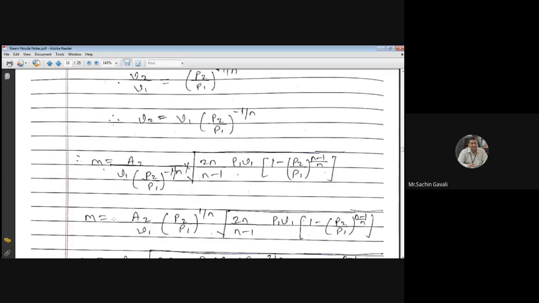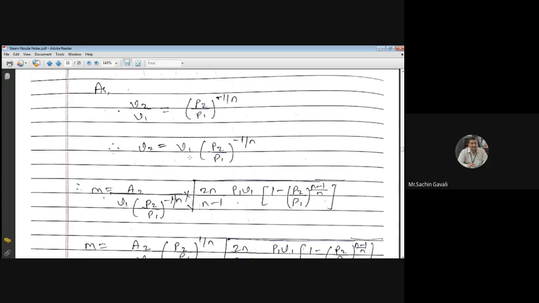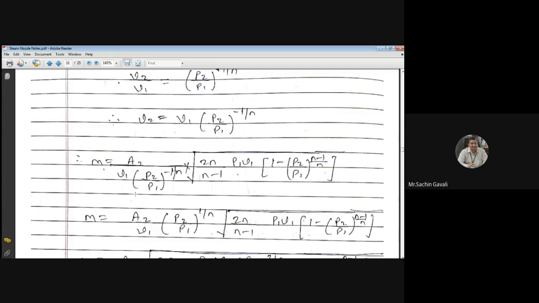Therefore m, instead of v2, we are putting this value: m is equal to a2 divided by v1 into bracket p2 upon p1 raised to minus 1 upon n, into the square root of the parameter that will remain the same, 2n upon n minus 1 p1 v1 into bracket 1 minus p2 upon p1 raised to n minus 1 upon n. Now we transfer the p2 upon p1 value into the square root bracket.